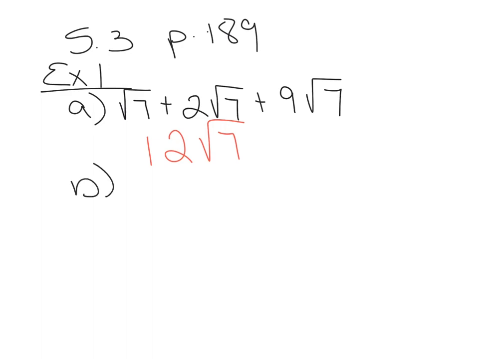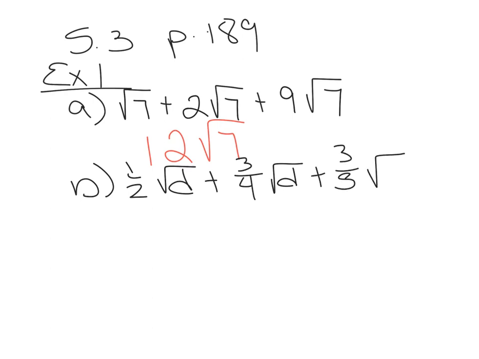Letter B is 1/2 the square root of b plus 3/4 the square root of b plus 3/5 the square root of b. And again, you can only add them if they all have the same radical, which they do. They all have the square root of b. To add them, we're just going to add the coefficients in front.